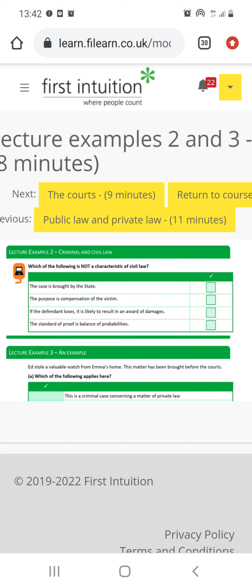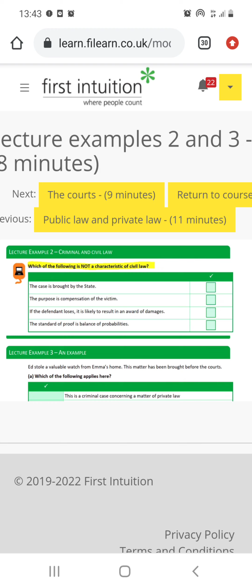There was a very handy table that we had where we broke down criminal law and civil law and the various characteristics. So the question we need to try and answer here is which of the following is not a characteristic of civil law? And you do need to be very careful in your examination, reading the question very properly and very well under the time pressures that you have on you.